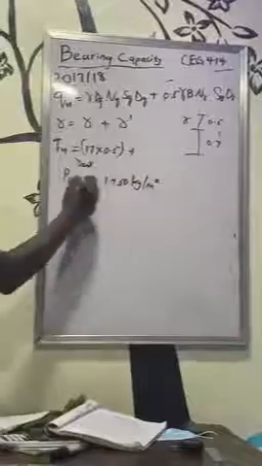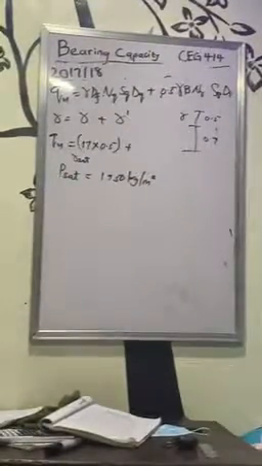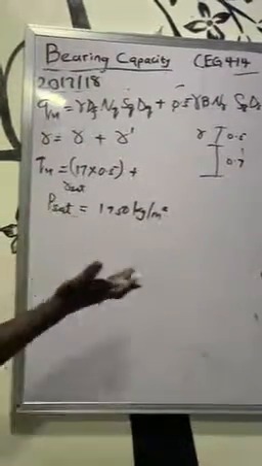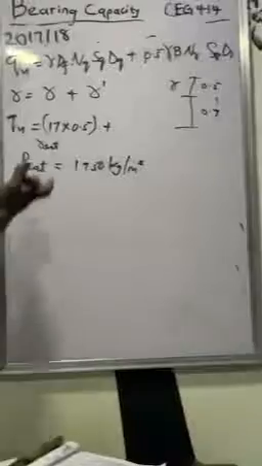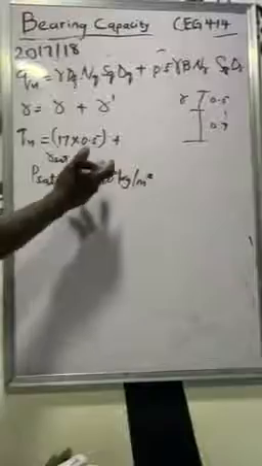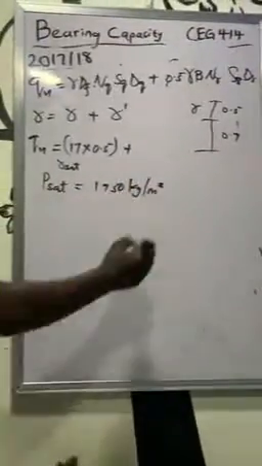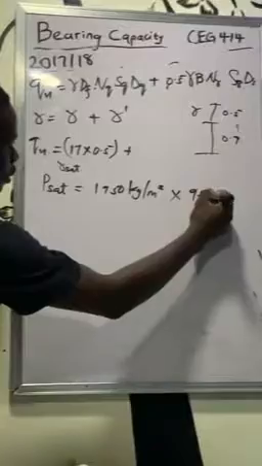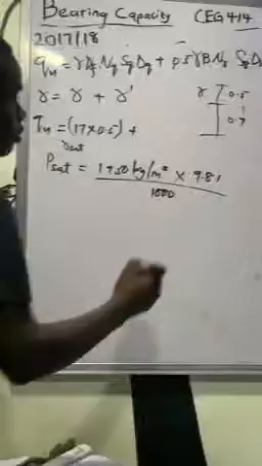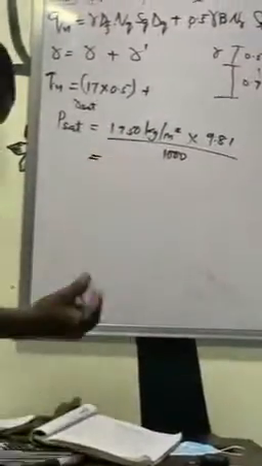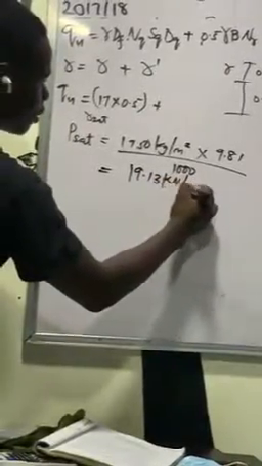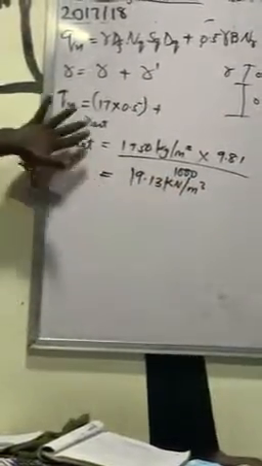I have a density when the soil is saturated. So I'm trying to convert my kilograms to weight, multiplied by gravity, 9.8, divided by 1,000, to get kilonewton. When you punch this, you have 19.1 kilonewton. So I have my gamma saturated.